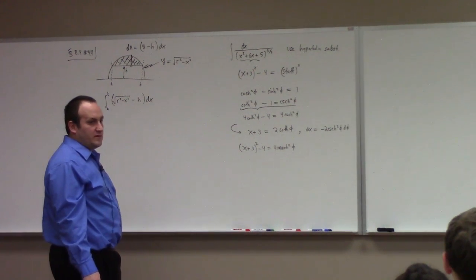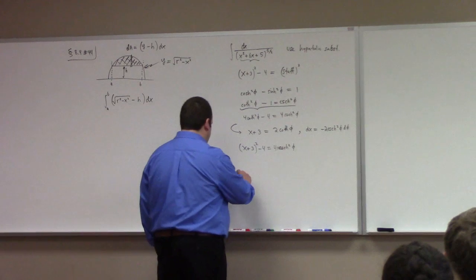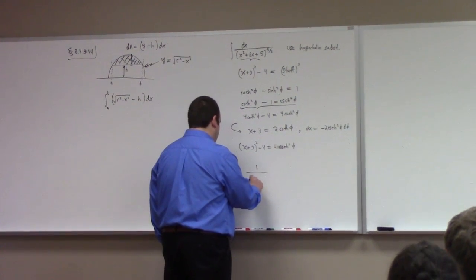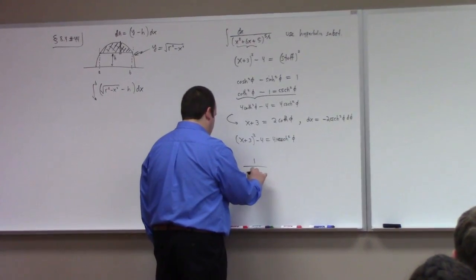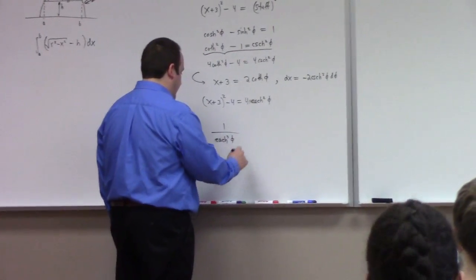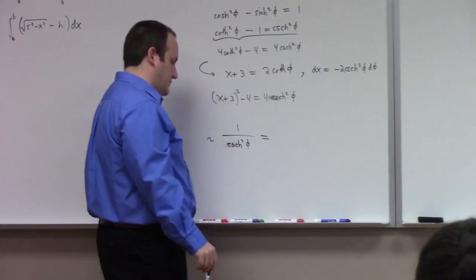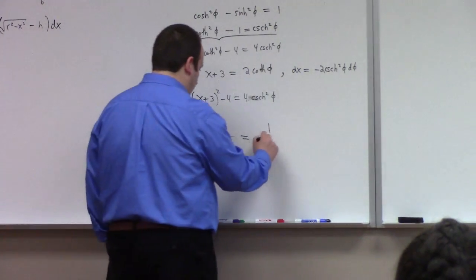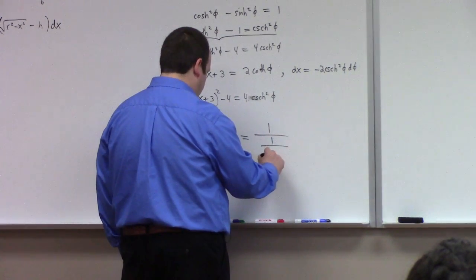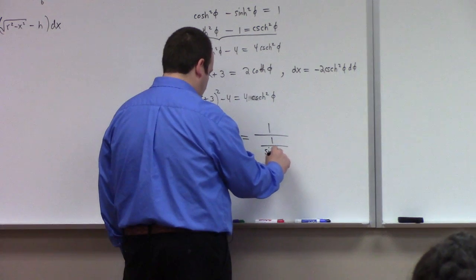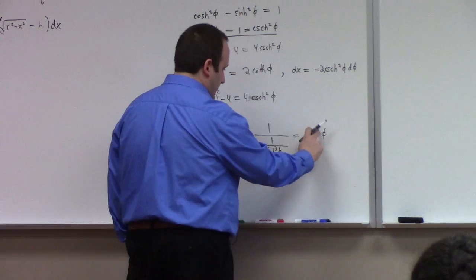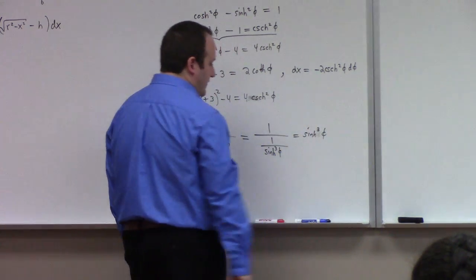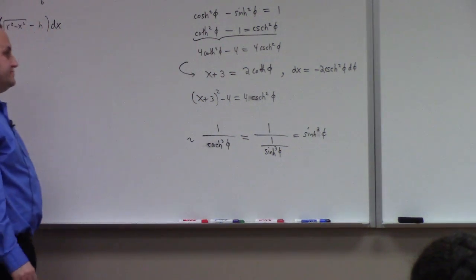So that's 1 over, if I see this right, the integral is essentially like 1 over the hyperbolic cosecant cubed phi, which is really just what? Right, which is just this. And how would you integrate sinh cubed phi, by the way?